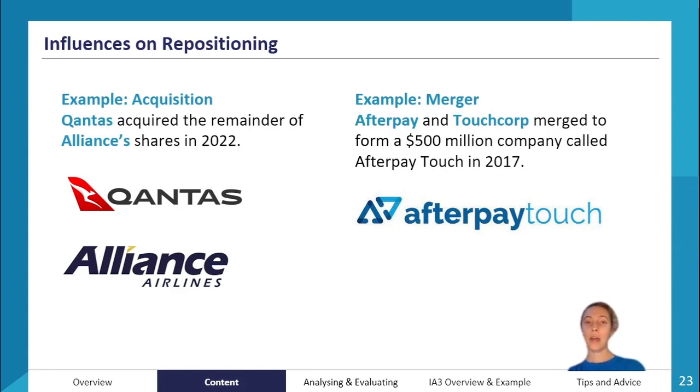So that is where the businesses are both going to come together to create something new. So you can see that they've got that new business name that's incorporating both businesses in there. And they would merge because of some kind of mutual benefit that they're going to get from that as well.